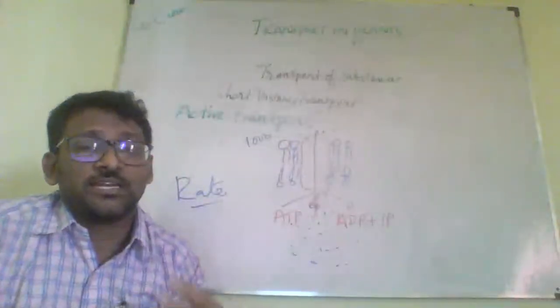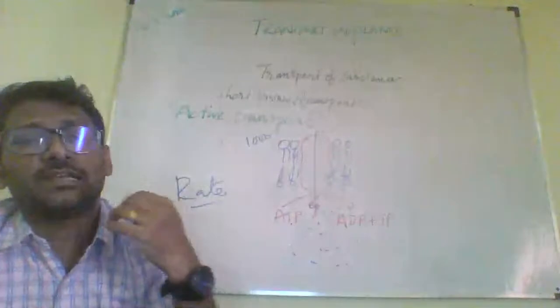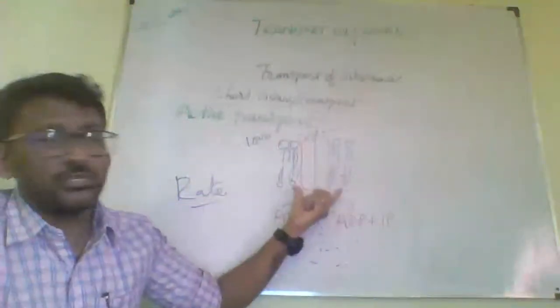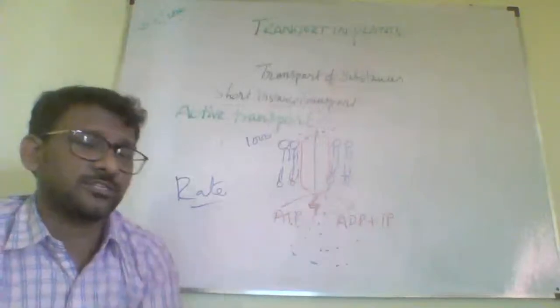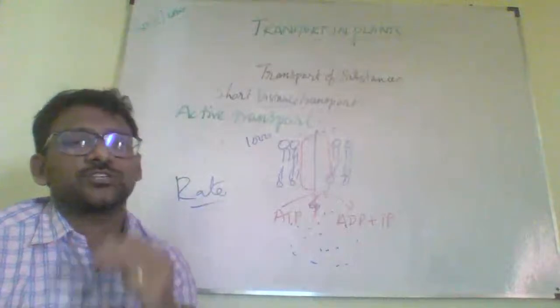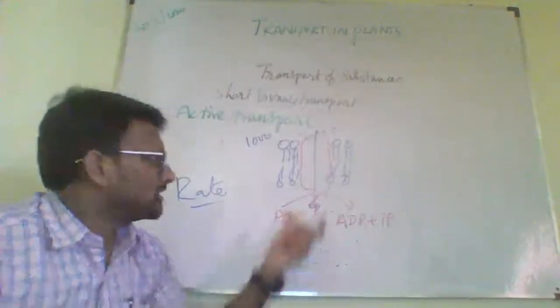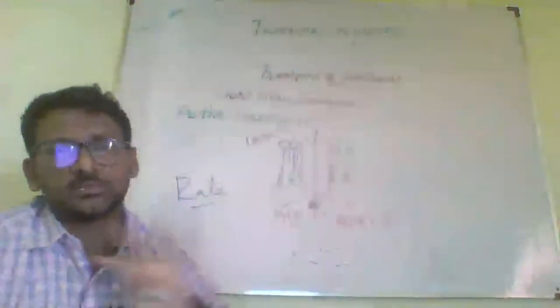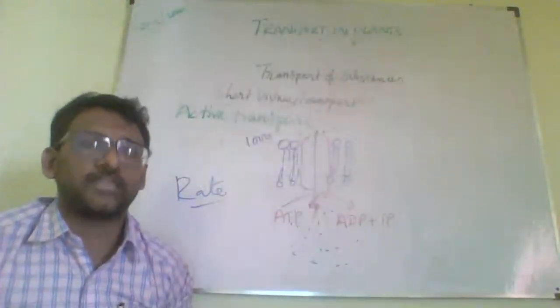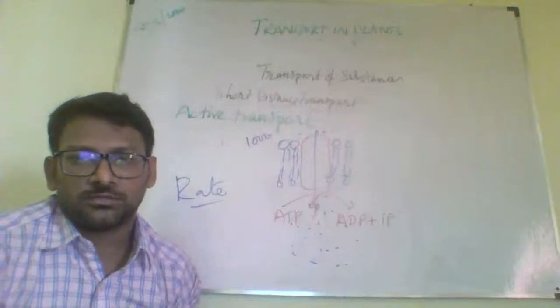It means the rate of diffusion would be very high. So when we really use all these proteins, especially in NCERT they use the term saturated. Saturation means completely used. So we have to use all the carrier proteins which are present in the cell membrane. Then it will increase the rate of active transport, right?